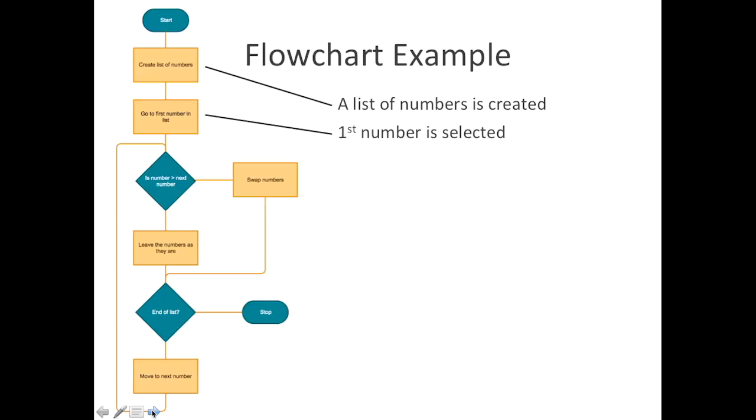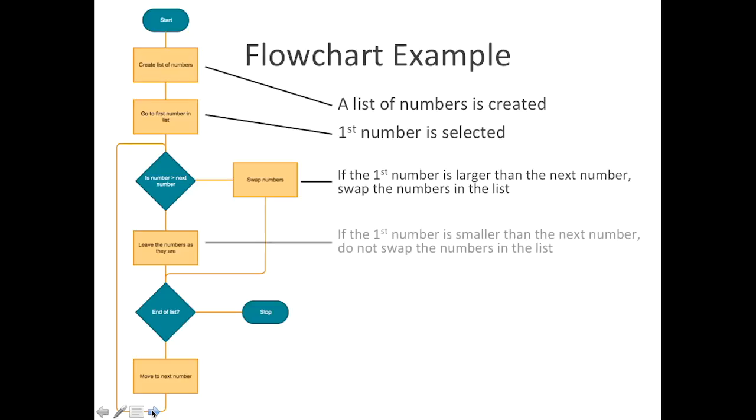We go to the first number in the list, and then if the first number is greater than the next number, we swap the numbers. If the first number is smaller, we don't swap the numbers, we leave them as they are. We then ask if there's any more numbers in the list. If there are, we carry on, otherwise we stop.